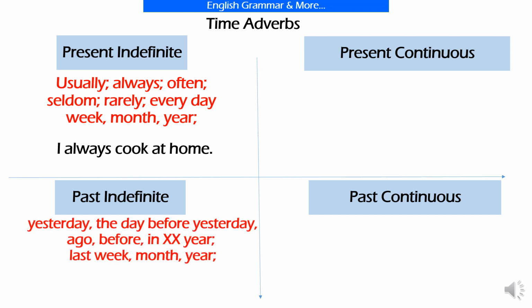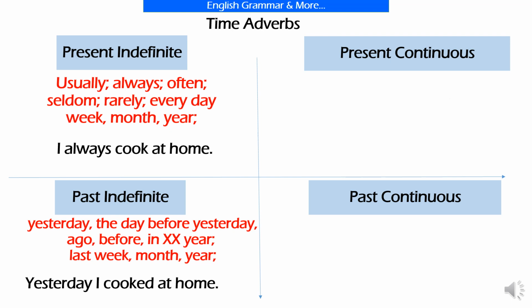The time adverbs such as yesterday, the day before yesterday, ago, before, in a certain year, or on a certain date in the past, last week, last month, last year, refer to the past indefinite tense form. For example, yesterday I cooked at home.